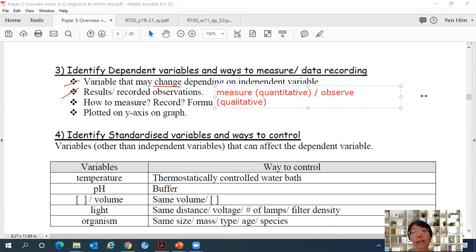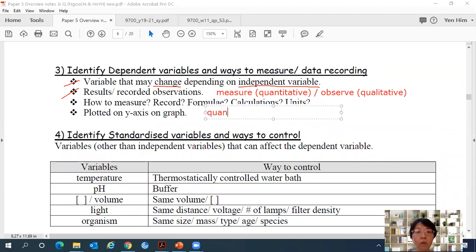You measure it, you get a number; you observe it, you can see a color change, or a change in the structure of things. Usually in an experiment, it's better to get numbers as your data than observation. That means quantitative is better than qualitative.